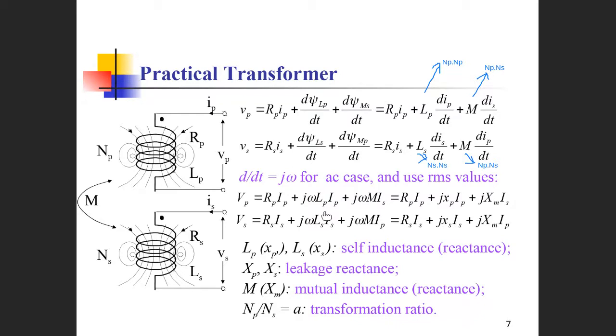So these are instantaneous values. Using the concept of root mean square values for sinusoidal currents, we can change this Faraday's law into a voltage equation like this: the RMS primary voltage, the RMS primary current times resistance, and the RMS primary current times the self-reactance, which is the angular frequency times the self-inductance.